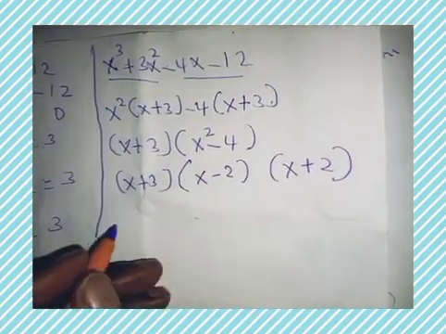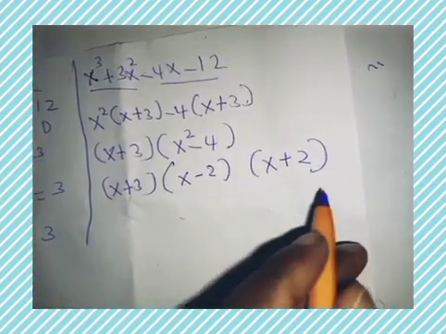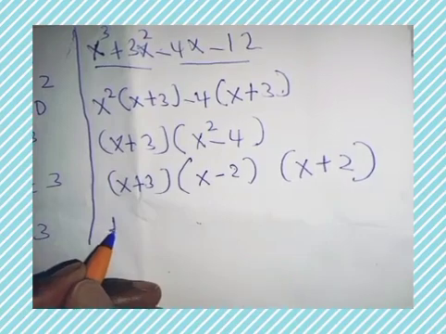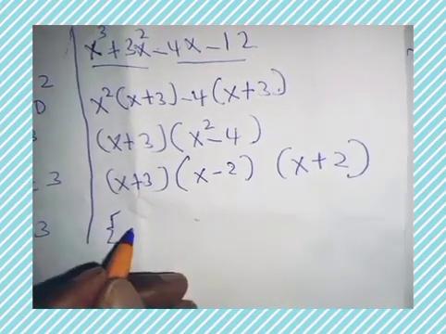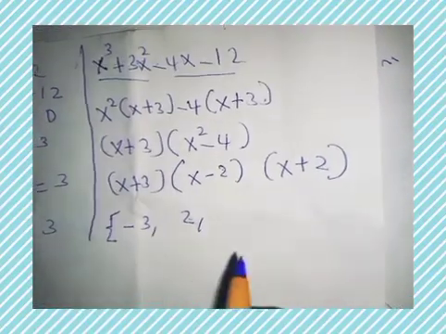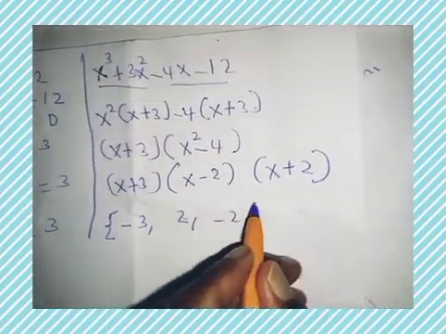Now, in case you are required to get the values of x, you equate all this to 0. So the possible values of x, the solution set, will be -3, 2, and -2.